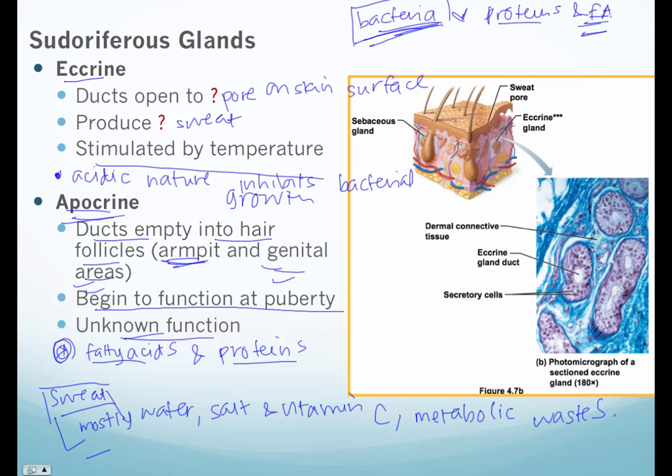And this is why people have body odor. It's not because they themselves are inherently secreting certain ways, it's because the bacteria within these certain regions are consuming these products of proteins and fatty acids. They're continuing to grow, and just like you and your cells give off waste, these bacteria are also giving off waste.